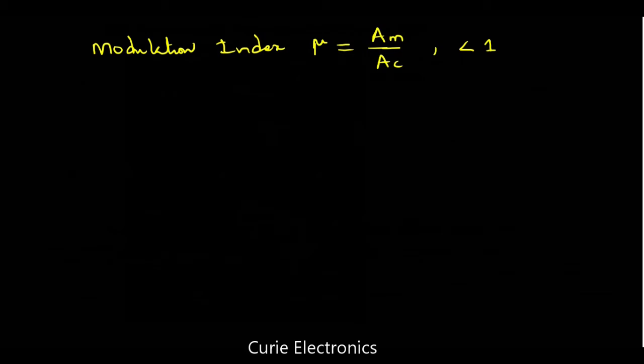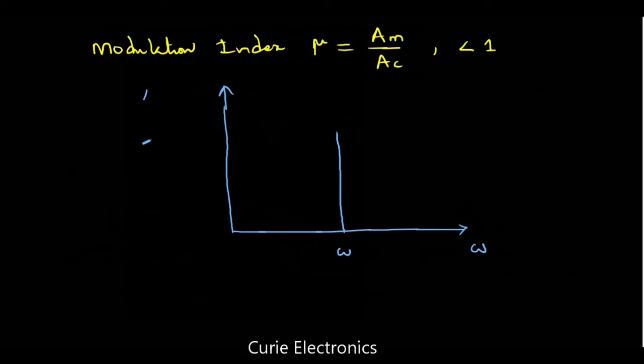Now we will see the amplitude plot for this, the frequency response. This is the angular frequency, and this y-axis is the amplitude. So this is the amplitude of the carrier frequency. What was the amplitude? Ac.